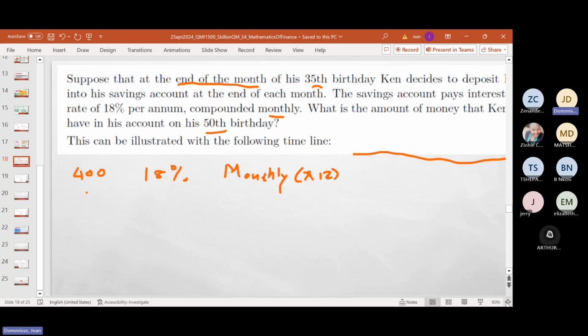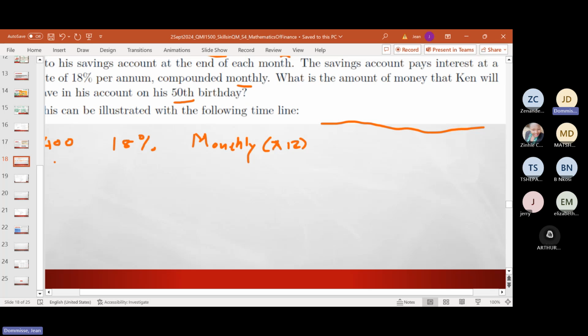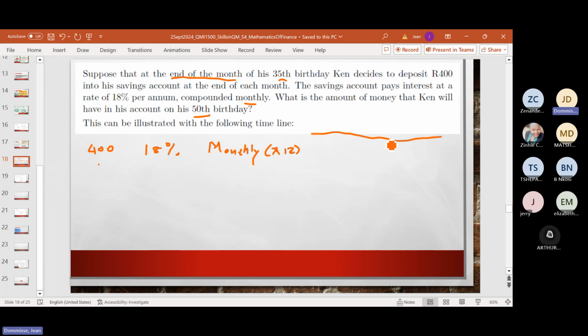I just quickly want to check if I can get the screen back to a normal size. Okay, cool. So basically 35 up until his 50th birthday. So that means there is 15 years.